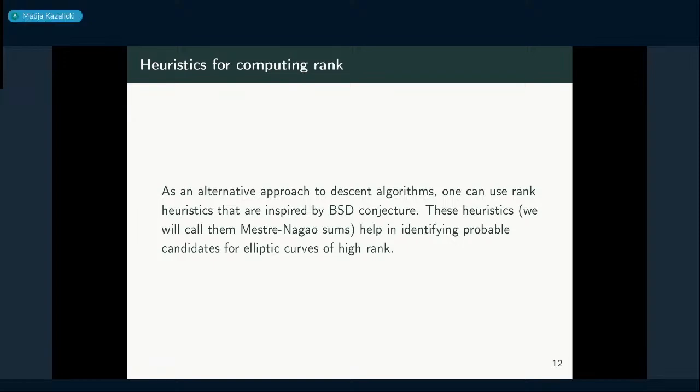These heuristics can be quickly computed, and if you have a large number of elliptic curves that you want to check, you can just run these heuristics on these curves, and they will tell you which curves are the probable candidates for curves of high rank.